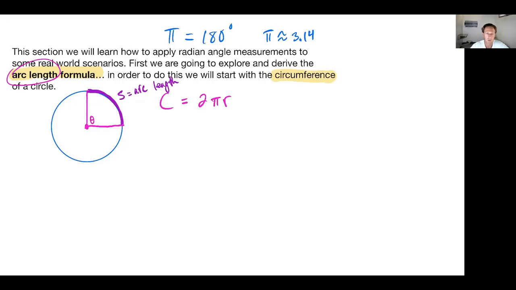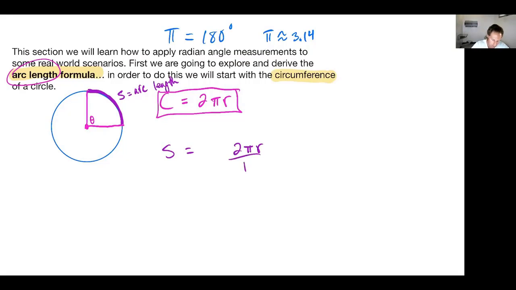And so what we're trying to find is, instead of the entire length around, which we call the perimeter of the circle, the circumference, which we know is equivalent to 2 pi r, we're going to take part of it, this arc length, S we called it, part of that whole 2 pi r. And how much of it?